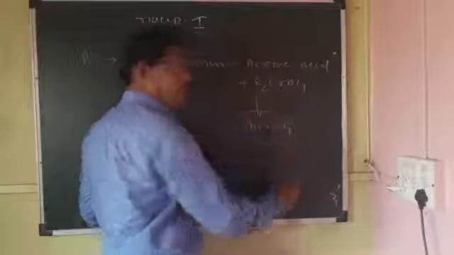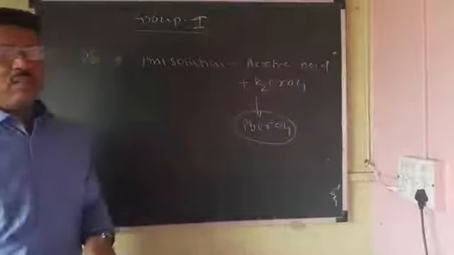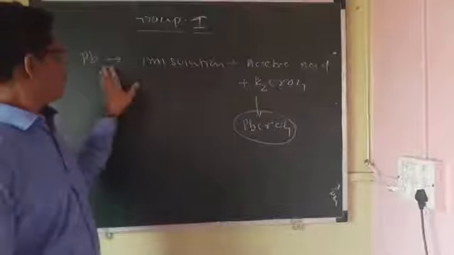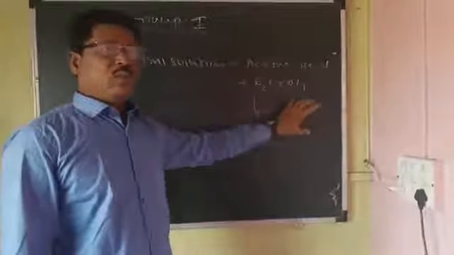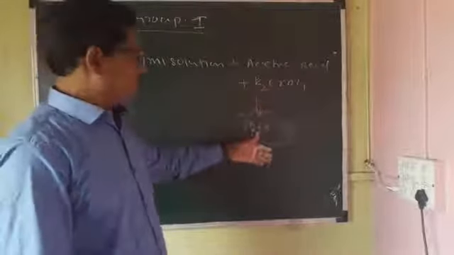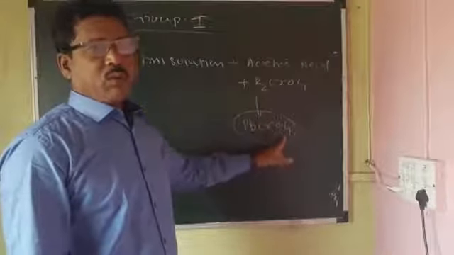This is the yellow precipitate of lead, formed with chromate K2CrO4 in acidic medium.